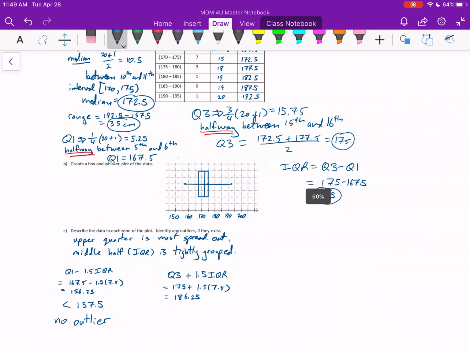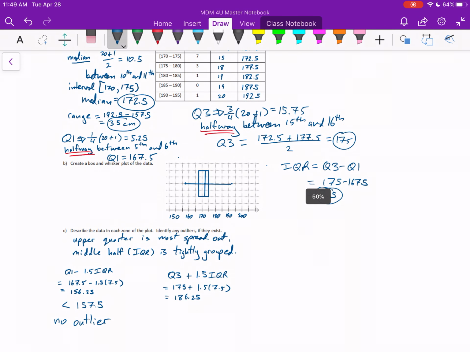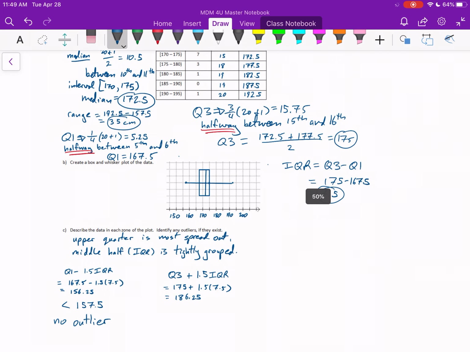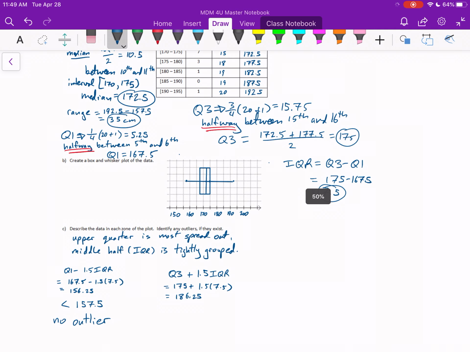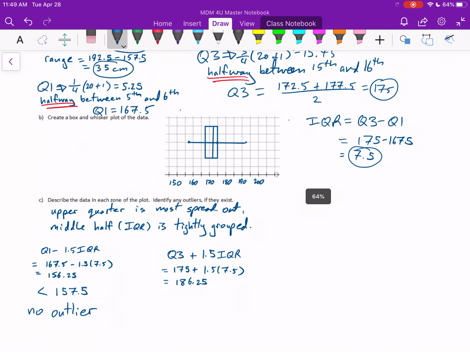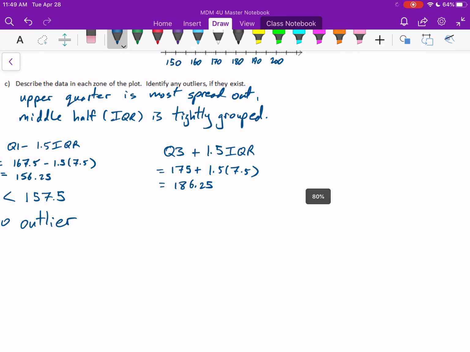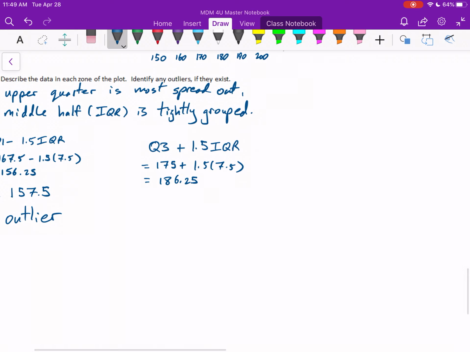Having said that, we didn't have any students who fell into the 185 to 190 group, so we can't really say that was an outlier. But we do have that one boy who fell in the group between 190 to 195, right? He's the one who's that outlier who's giving us that extra long whisker on the right-hand side, so he would be an outlier because of his height. So that number there is going to give us our outlier.